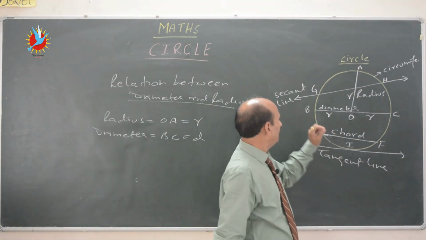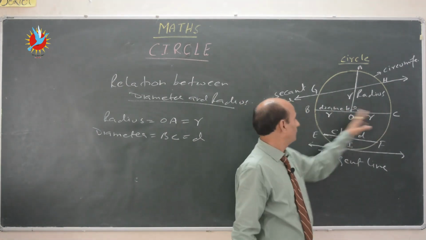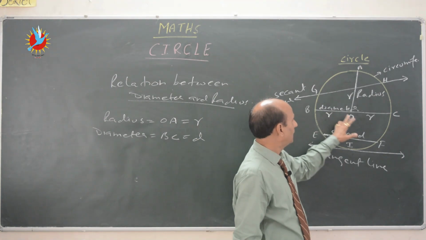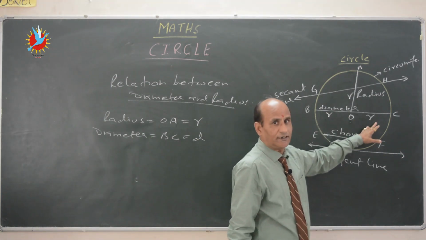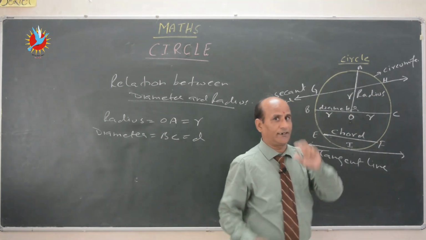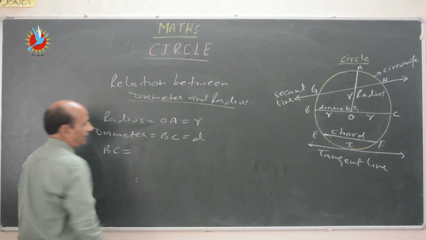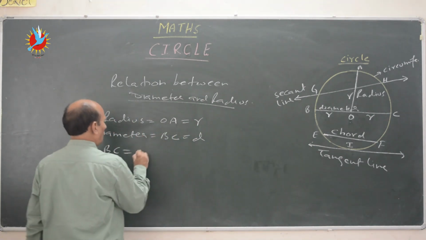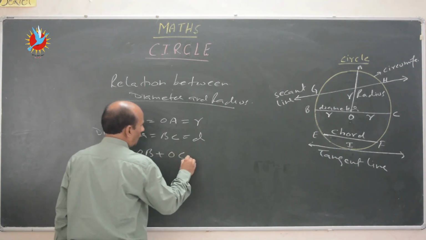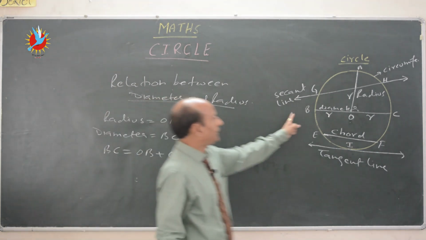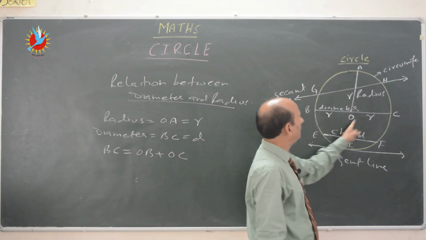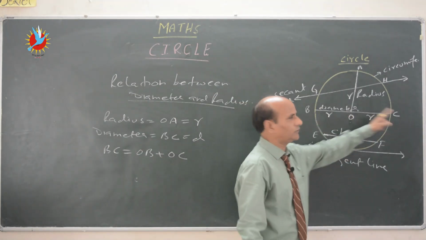So BC is radius 1 plus radius 2, it means it is a sum of 2 radii. BC is a sum of OB plus OC.